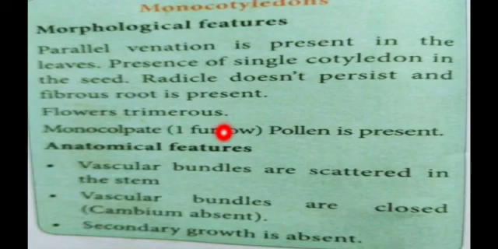But in the APG, the taxonomy, the Angiosperm Phylogenetic Group classification, dicots are placed under the monophyletic group only. So we will study the APG classification in detail in the coming lesson 5. Okay, so these are the salient features of both dicotyledons and monocotyledons. Thank you.